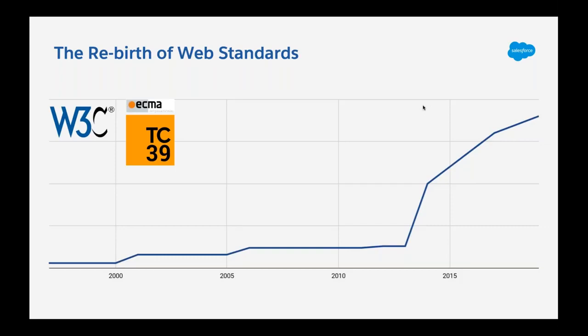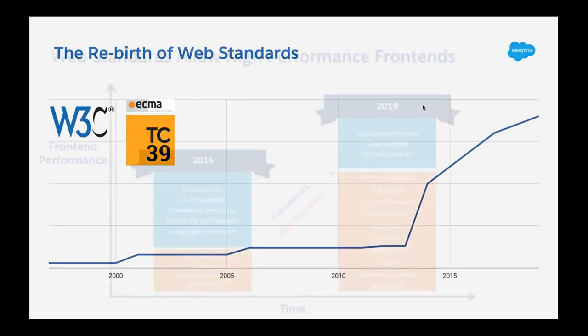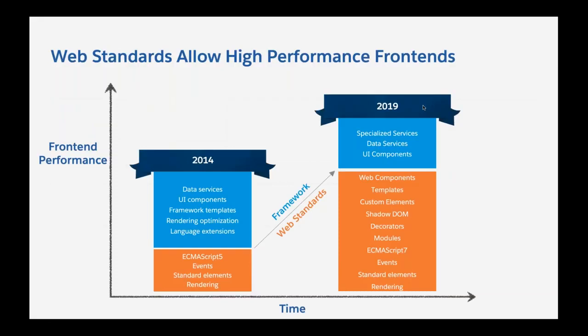The two major organizations or consortiums that rule web standards, namely W3C and ECMAScript TC39 for the JavaScript standard, just met again and really discussed a whole new range of standards, and that's allowed us to see a lot of innovation on this particular sphere. With that, we can now see a different landscape for standards, and this allows us to compare the two types of web stacks we had across time.